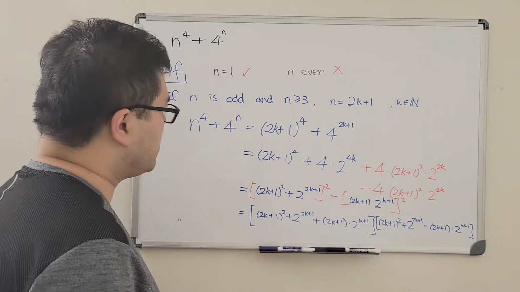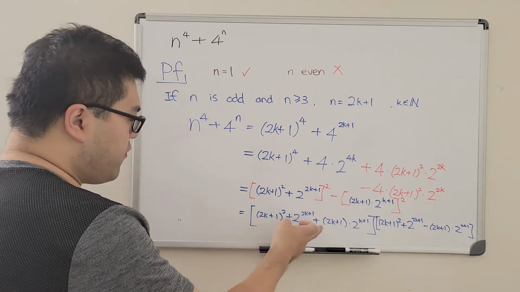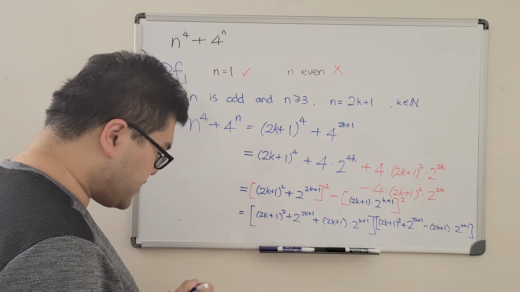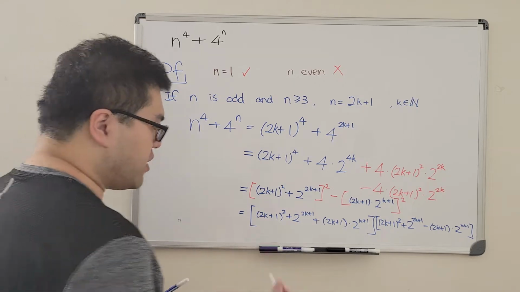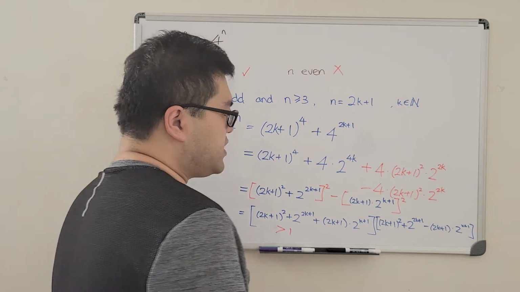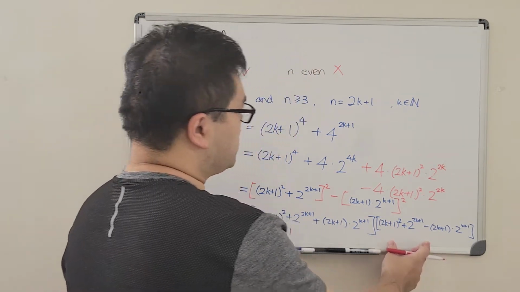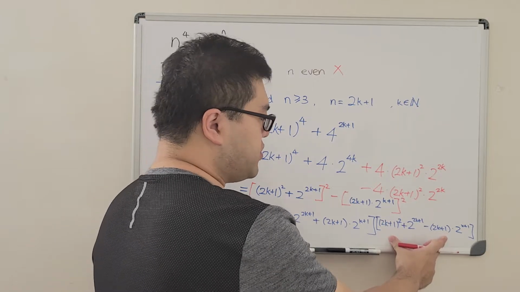So again, since n is bigger than or equal to 1, the first factor is clearly bigger than 1. Now, let's take a look at the second part. Can we somehow show that this is always bigger than or equal to 1?